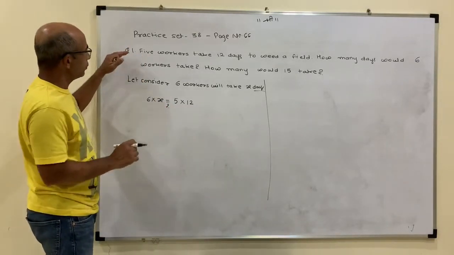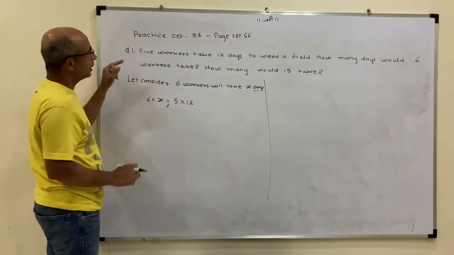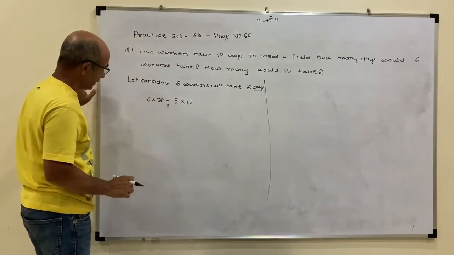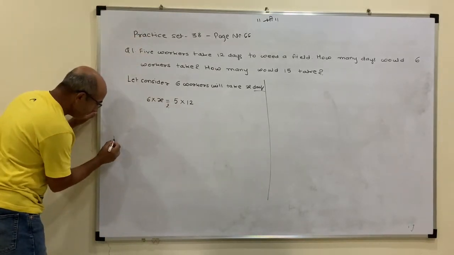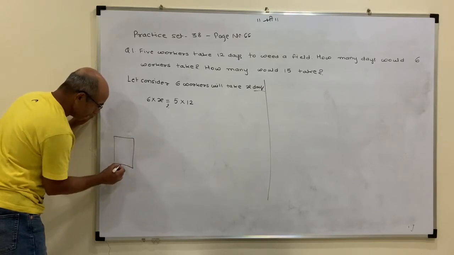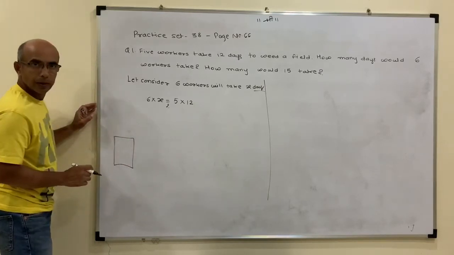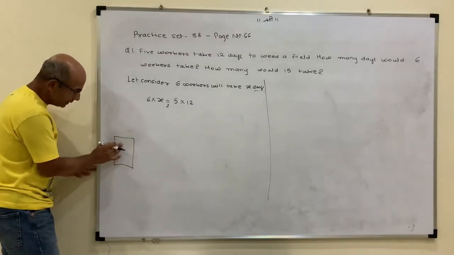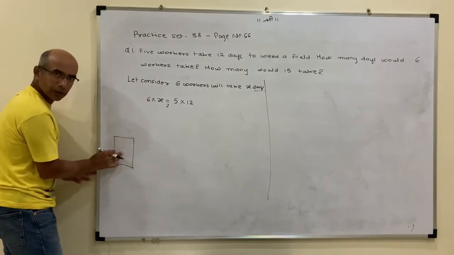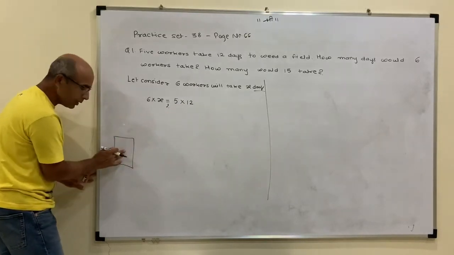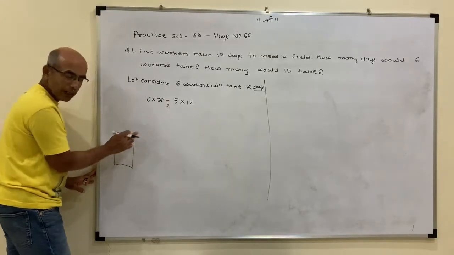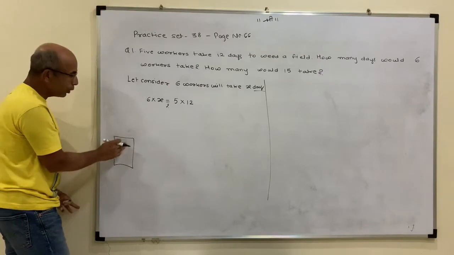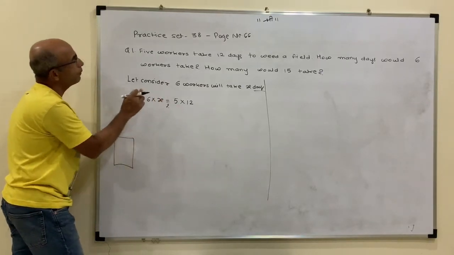See, kids, you need to understand that these 5 workers and these 6 workers weed a field which is the same. The field which they are going to work on is the same. These 6 workers will work on this one and these 5 workers will work on the same one. That's the reason we have an equal sign over here. The same amount of work they are doing, both 6 workers and 5 workers.